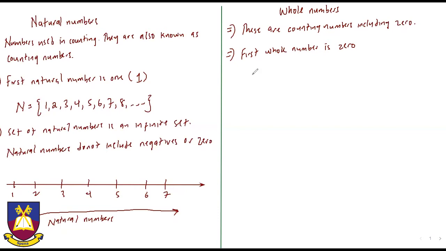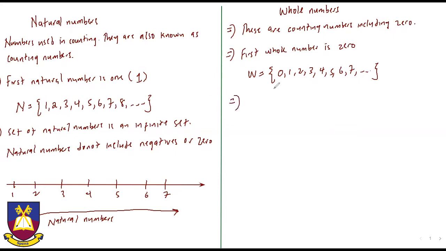If I were to write the set of whole numbers, W represents whole numbers. I would start from 0, 1, 2, 3, 4, 5, 6, 7, and so on. So the first whole number is 0. 0 is a whole number, but it's not a natural number.